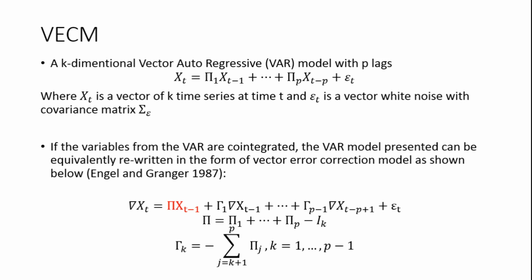Here xt is a vector of k time series at time t, and epsilon t is a vector white noise with covariance matrix epsilon.